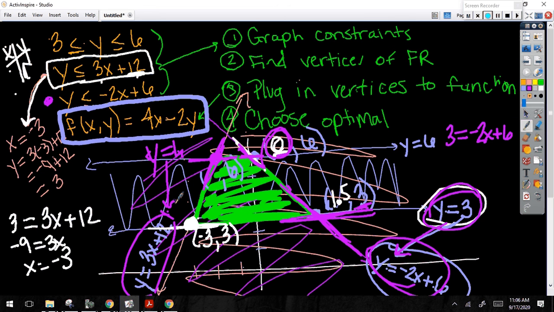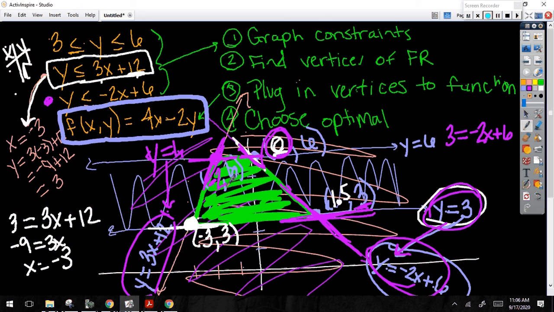I wrote it wrong, sorry. Thank you. Negative 3, 3. And then f of negative 2, 6. And this simply tells me, just like if I have f of x, I ask find f of 2, you plug a 2 in for every x. Here, it's telling me what to plug in for every x and for every y.